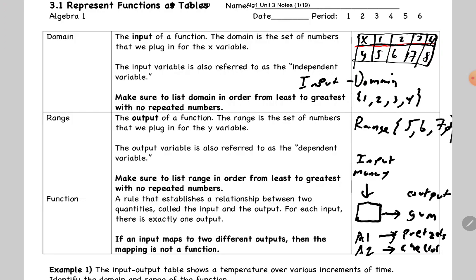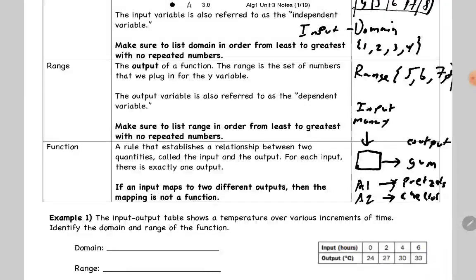Sometimes you'll see vending machines where A5 and A6 are the same thing. That would not be a function because you get the same output. So for our purposes, our input only goes to one output.